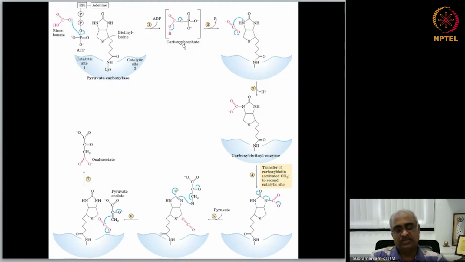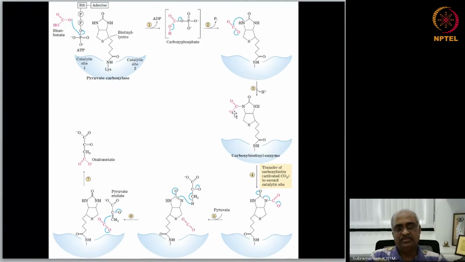Okay, so from the carboxyphosphate, then due to this nucleophilic attack by this nitrogen, you have the inorganic phosphate released, and then you have the carbon dioxide temporarily carried on this nitrogen. Okay, so then again, shift of electrons as shown by these arrows generates the free carbon dioxide.